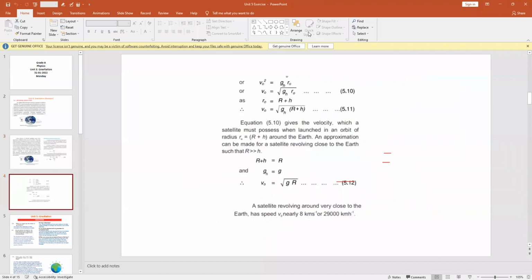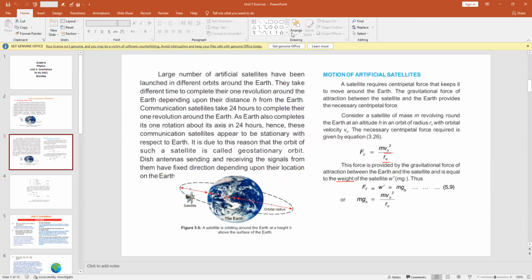So when they are equal, the same quantities will cancel out. If you see in this figure, which quantity is similar, the mass is the same on both sides. So we cancel this m with this m, and we are left with g h is equal to v naught square by r naught.